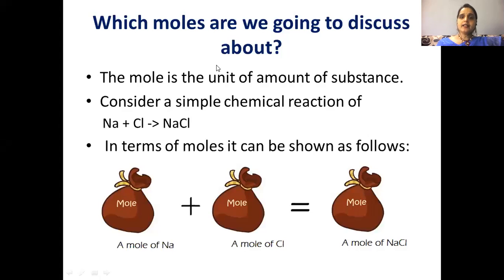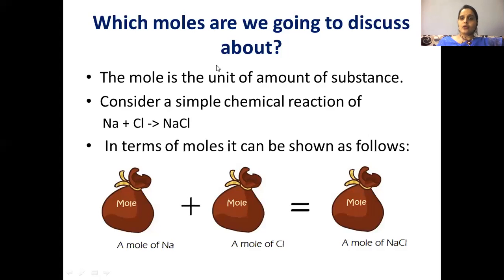And the study of mole concept, or the measurement of material and substances, is itself a separate topic in chemistry called stoichiometry. Once you grow up, if you have keen interest in chemistry, you can definitely opt for studying further in this topic of stoichiometry.